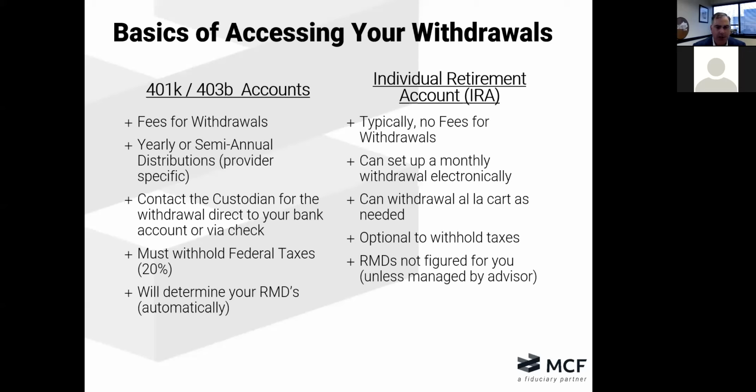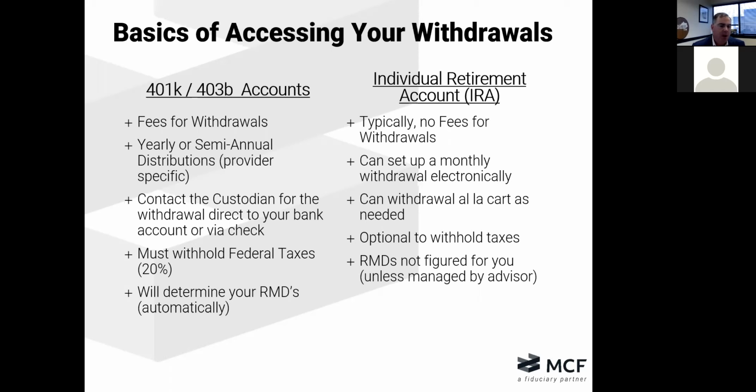So fees are a consideration. Then there are the specifics of how often they allow you to take the money out, whether it be monthly, quarterly, or yearly. I prefer monthly or quarterly if it's available, because you're dollar cost averaging the money out, just as if you put it in, versus starting the year taking a year's worth when the market might be down.